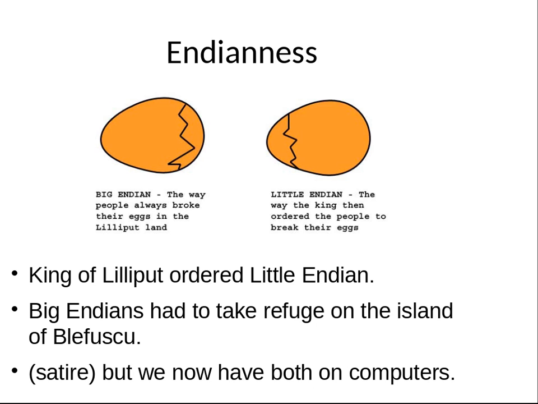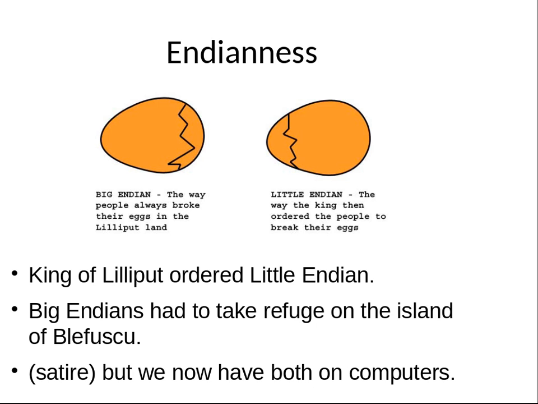Endianness. This is an issue. Anyone read Gulliver's Travels? So you know about the Endians? I'm trying to remember because it's been a while, but the Big Endians always broke their eggs on the big end of the egg. The Little Endians broke theirs on the little end.